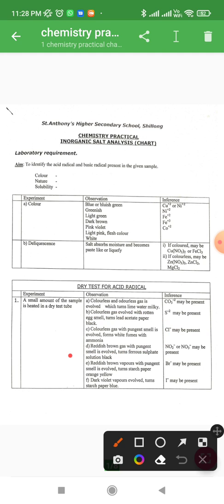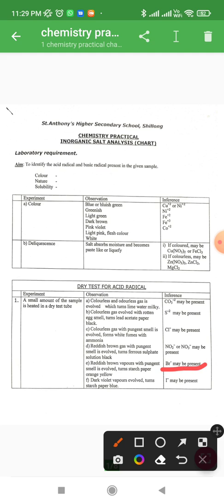Then you continue with the next one. This test is meant for nitrate and nitrate is not there. So we'll write no reddish brown gas with pungent smell is evolved to turn ferrous sulfate solution black. So nitrite or nitrate may be absent. Similarly, we'll be writing for bromide also. No reddish brown vapors with pungent smell is evolved to turn starch paper orange yellow.